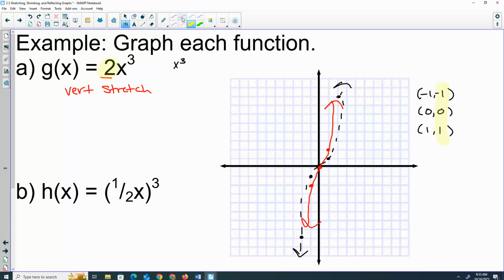So that says I'm going to take y times 2. So if I multiply my y's times 2 and my x stays the same, here are my new points. And then those are the points we end up plotting on our graph. So write them out if it helps you. If you can visualize them, that's okay too.